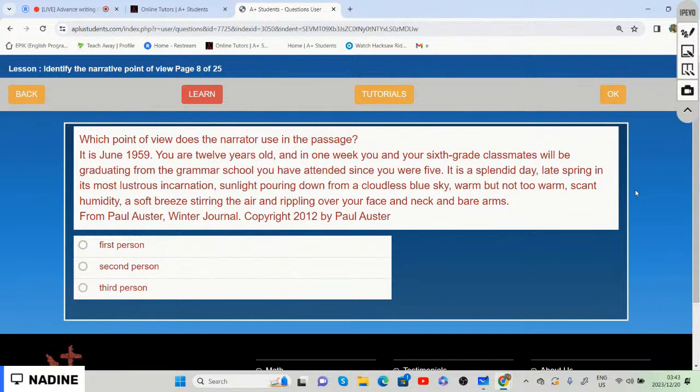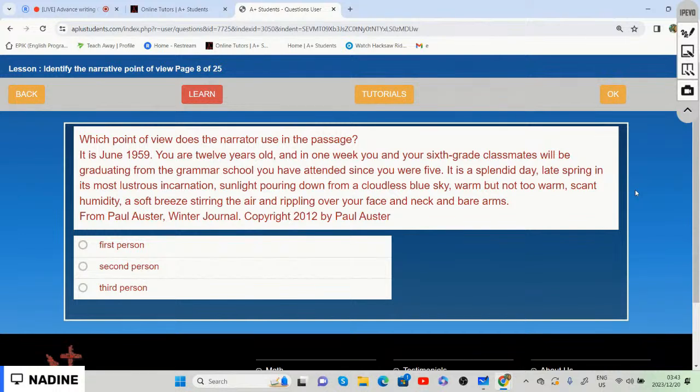All right, so if we look at this one, where were we? It is June 1959. You are 12 years old, and in 1 week, you and your sixth grade classmates will be graduating from the grammar school that you have attended since you were 5.